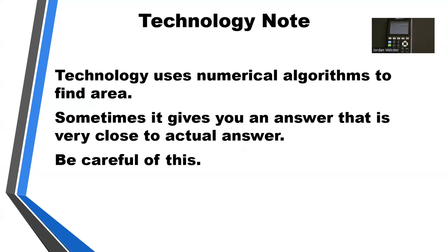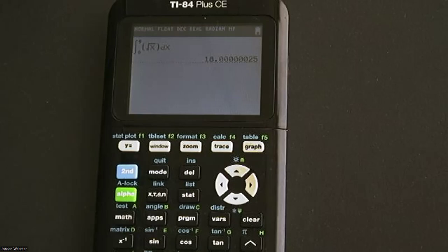It might come up just slightly different than what you would get by hand. Okay, that's not a problem when you're rounding to 2 decimal places, but if you're looking for precise answers, that might throw you off. So that's it. That's how you can use your TI-84 to do integration.